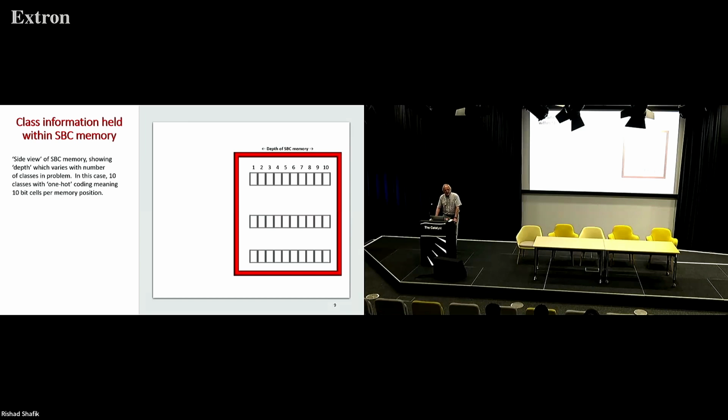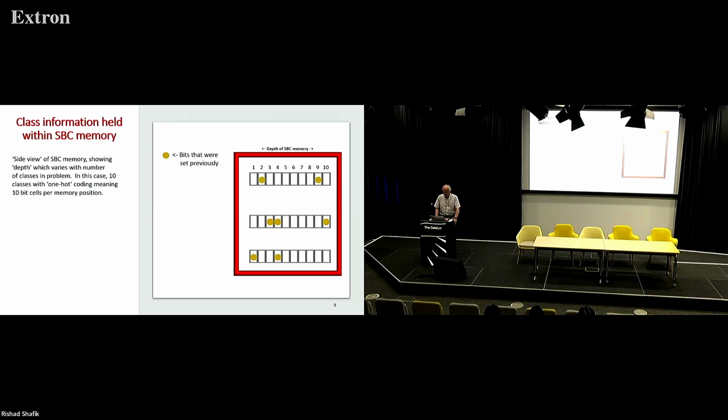What we see is that at each of those memory locations, we have a number of bits of memory, and for MNIST, where there are 10 classes, if we use one hot coding, then we'd have 10 bits of memory in each of those memory locations. Other encodings are possible, but one hot is the simplest.